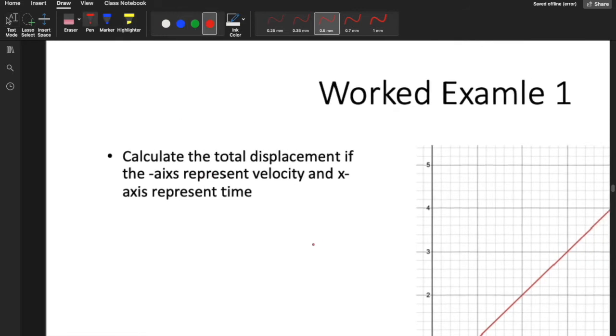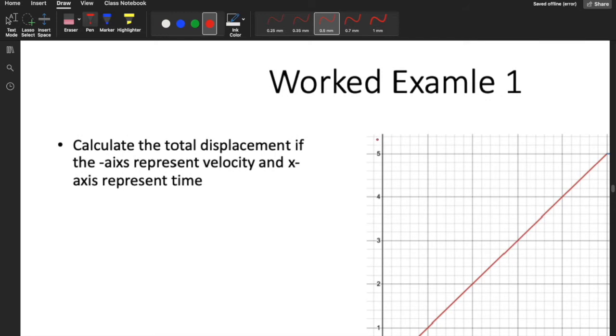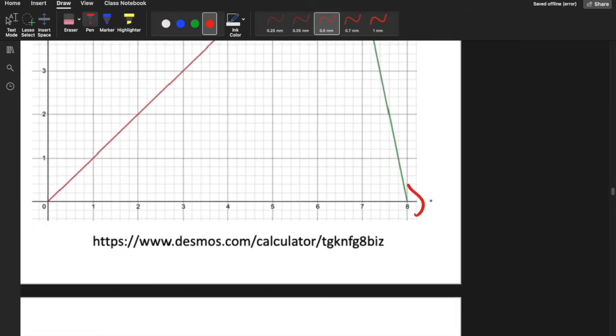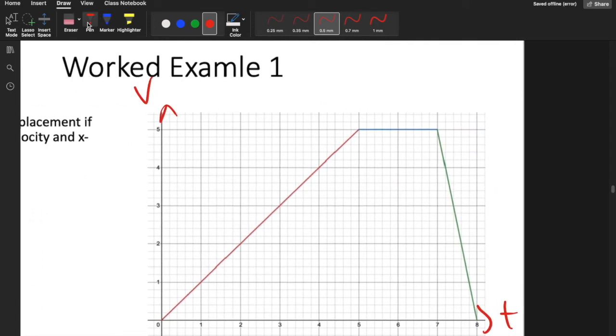Calculate the total displacement if the y-axis represents velocity and the x-axis represents time. So pause the video and do the problem by yourself first. Alright, so now I'm going to do the problem.